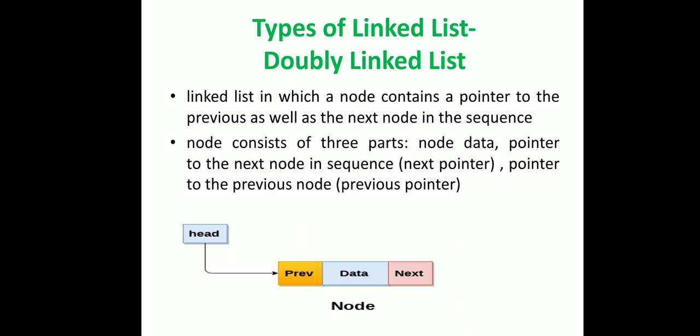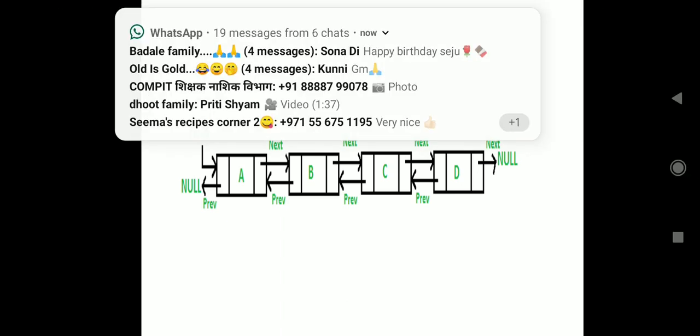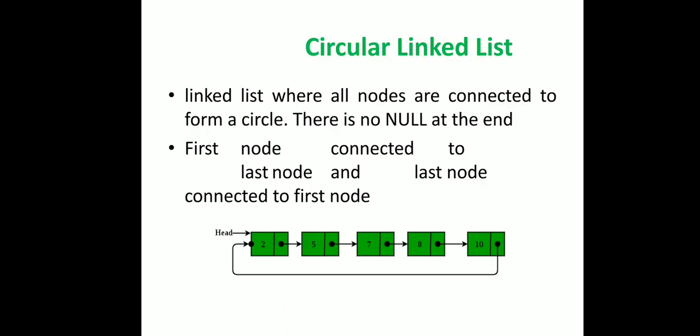This is an example of a doubly linked list. A is connected to B, B is connected to C, C is connected to D, and as it also contains a previous pointer, D is connected to C, C is connected to B, and B is connected to A. So the traverse operation is possible in reverse order also.